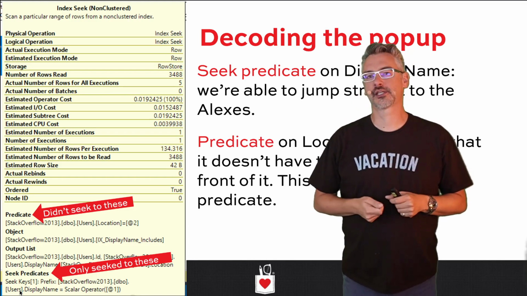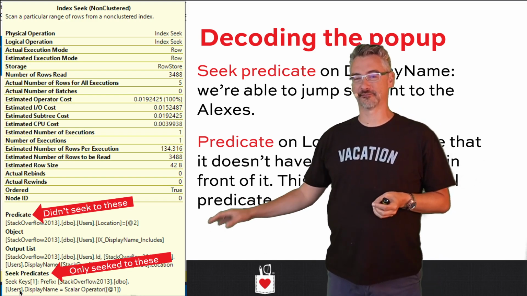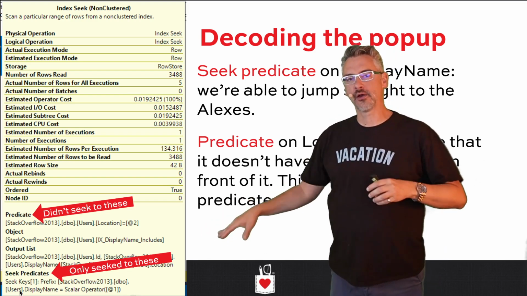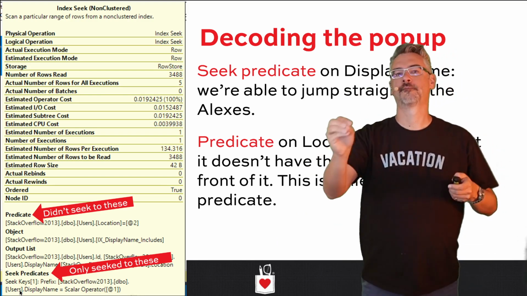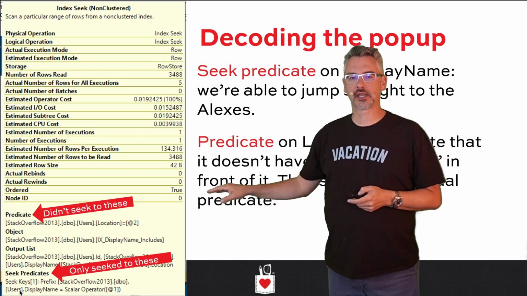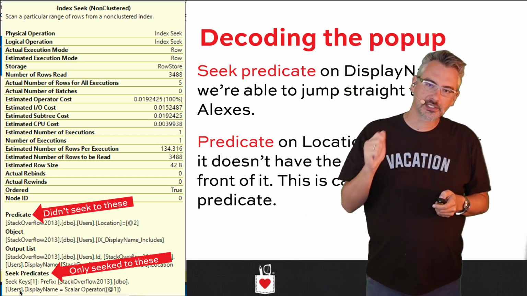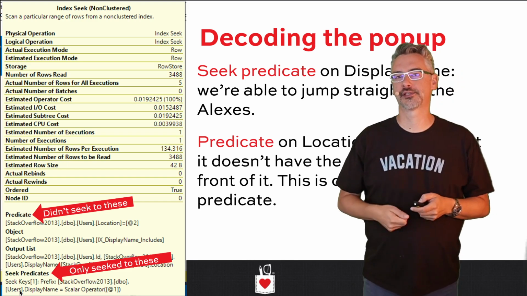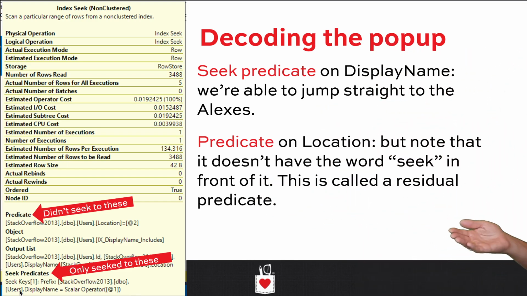The first thing that SQL Server's doing in this execution plan is the thing all the way at the bottom, which makes no sense. Down all the way at the bottom, it's saying I am going to seek on display name. Then there's another thing up here that's called just a predicate. It doesn't say seek on it, it just says predicate. And I really wish that it had another word like residual predicate or leftover predicate.